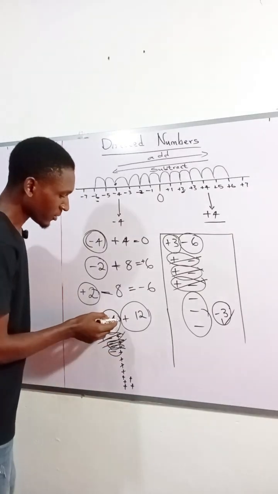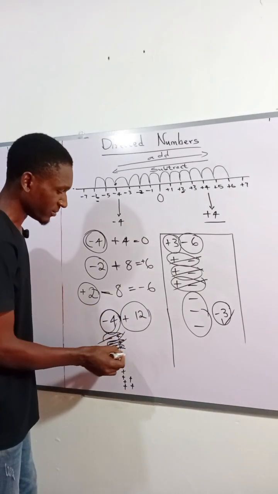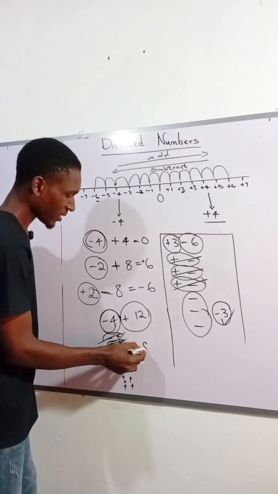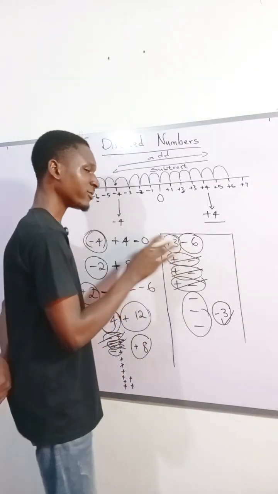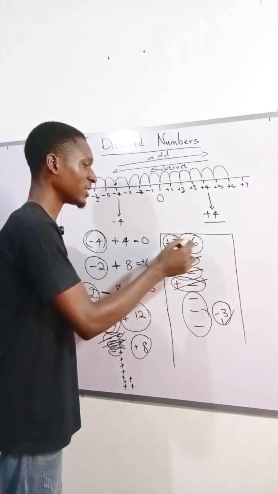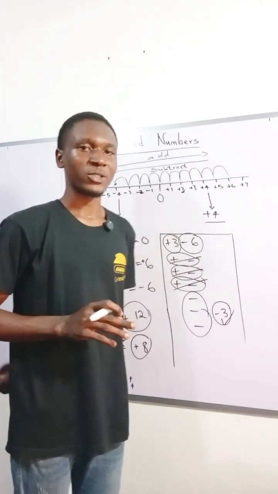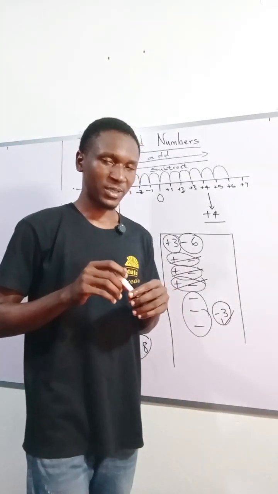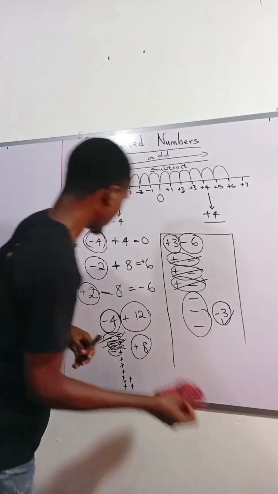You discover that 4 negative will take 4 positive. Remaining how many positive? It will be remaining 8 positive. That means when you have two numbers that are having different direction, what you just do is you subtract the numbers and you keep the symbol that have the highest number.